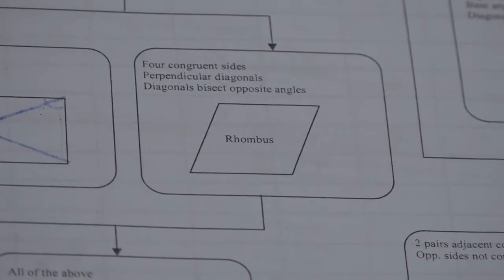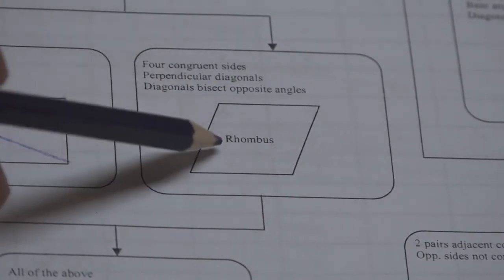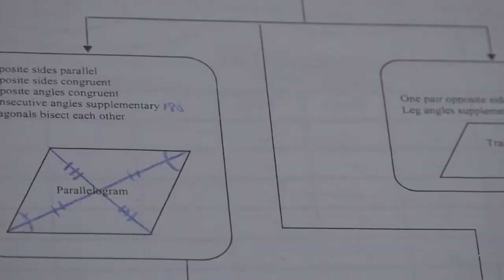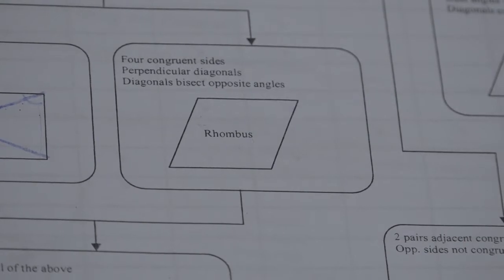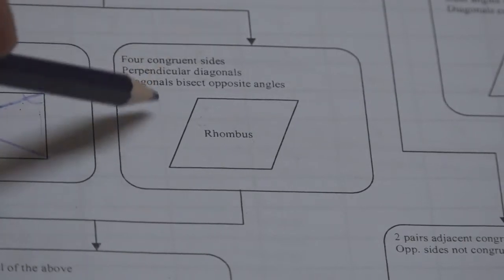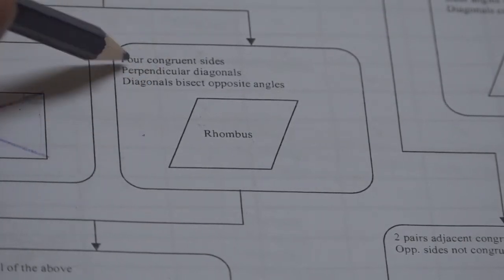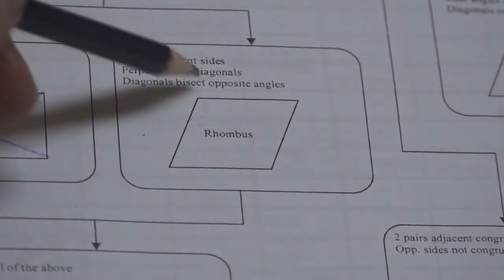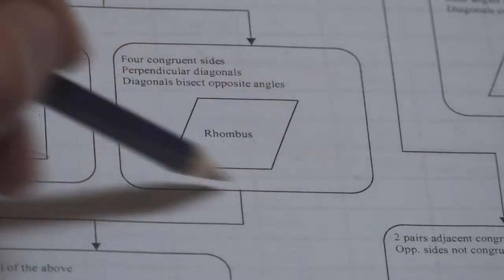Okay, so let's take a look at the brother. The brother is the rhombus. Remember, this is the son of the parallelogram. So it has all the properties of the parallelogram plus its own. It has 4 congruent sides. It starts looking like a square.